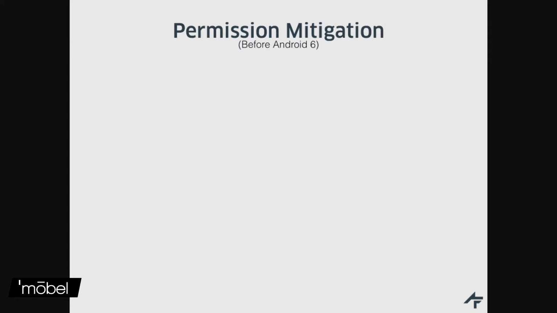Or permission mitigation before Android 6. So standard in Android, when you install an app, it's all or nothing. Before Android 6, you press install, you get your list of permissions, and then it's like, yeah, no, okay, too many permissions.